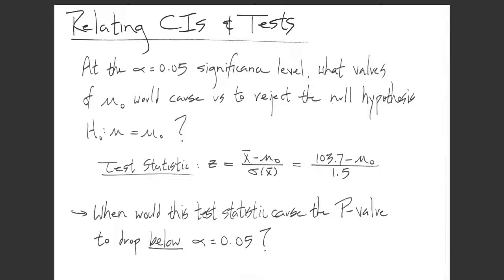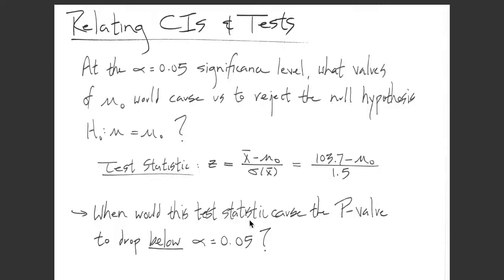So the test statistic is just going to be, as usual, the z-score for x bar: x bar minus the value in the null hypothesis over the standard deviation of x bar. I'm just plugging in what we know there, and you see it's 103.7 minus the mu naught, which comes from the null hypothesis, over 1.5.